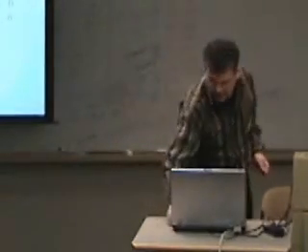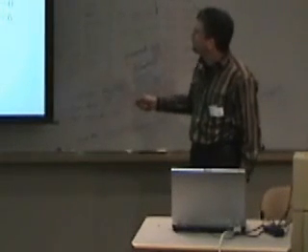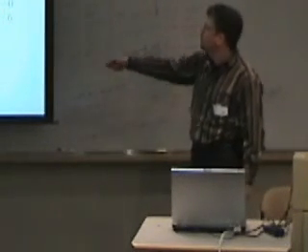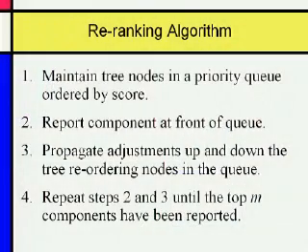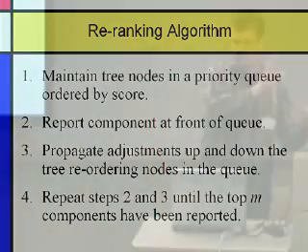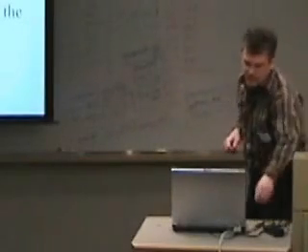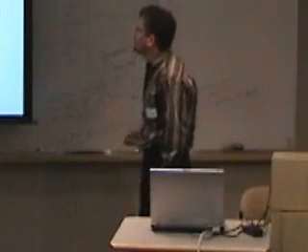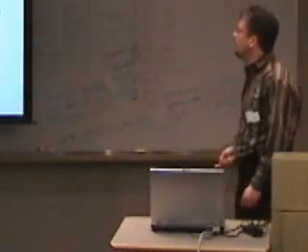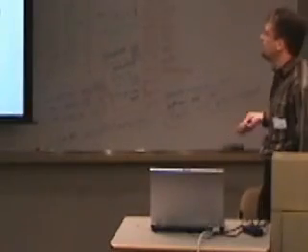So what we've done is taken the fact that this is grayed out and sent it up there, and so there's obviously some tree walking that has to be done, and we end up with the data structures. It's not very complicated. There's a priority queue and some trees. Just to flesh this out still more, we're going to keep our tree nodes in a priority queue, report the component at the front of the queue, and then propagate these adjustments up and down the tree.